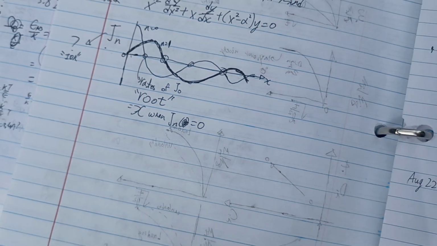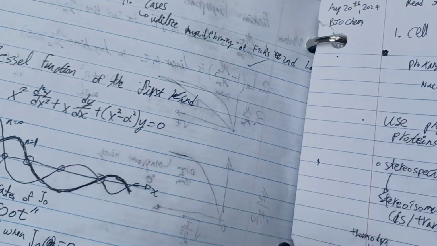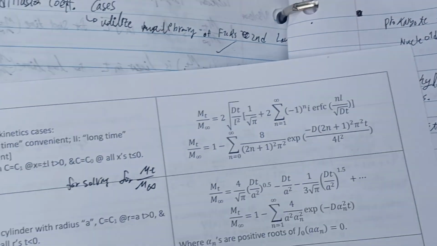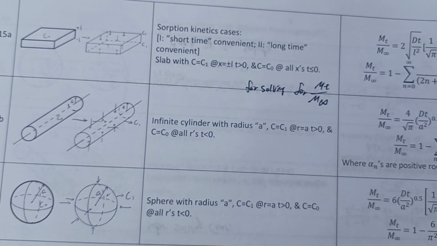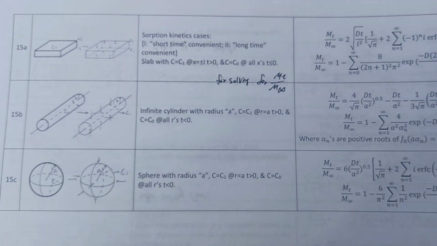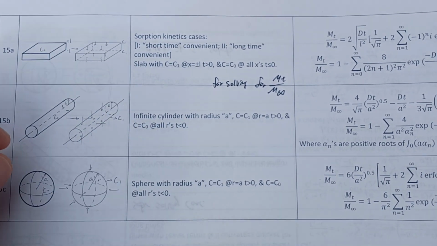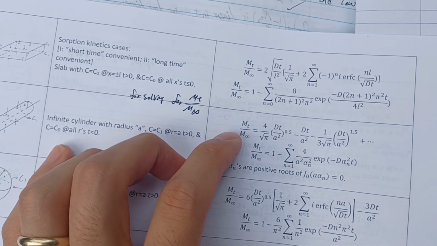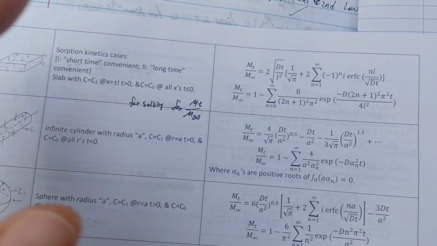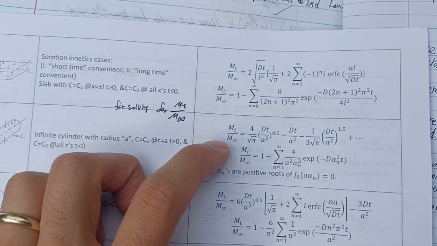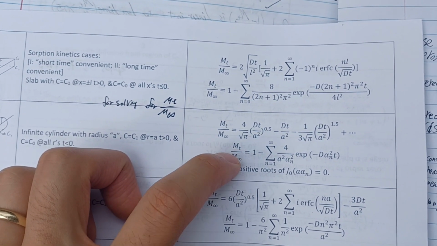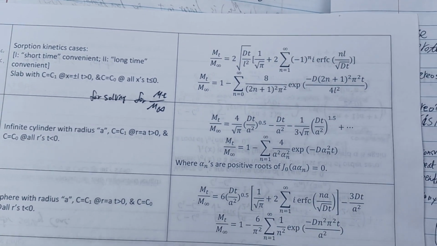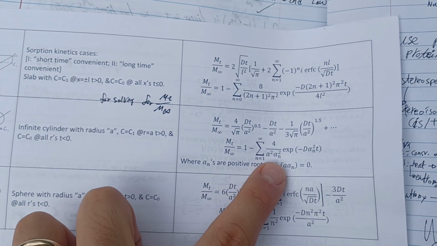But how does it come into play? Well, we have these tables that are utilized for a lot of different diffusion scenarios. For example, this is an infinite cylinder with a certain radius, and there's a concentration given, and we want to find out M_t over M infinity, which represents the progress of the reaction.